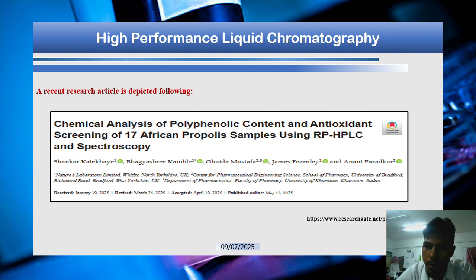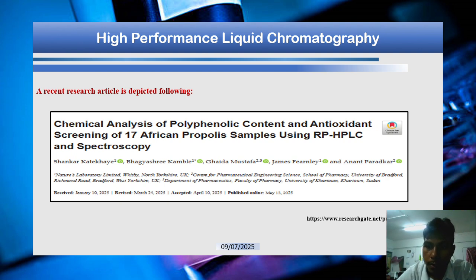In this research, they used a reverse phase system where the solid is non-polar. The solid adsorbent is used inside the column as the stationary phase, where molecular separation is obtained.